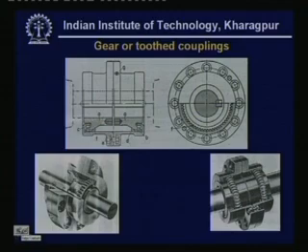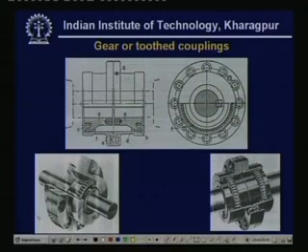Now we look at another kind of coupling, which is known as gear or tooth coupling. Here again the flexible member is the gear. I shall explain how, but let us see the diagram. This is shaft 1 and this is another shaft 2, and they are connected by means of these sleeves.